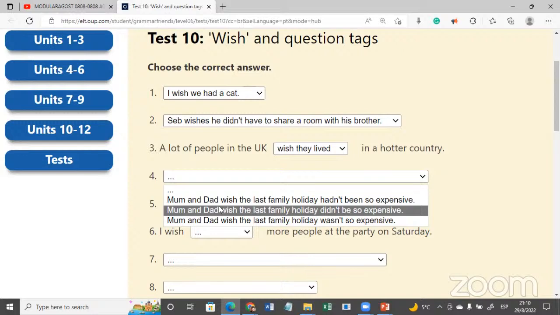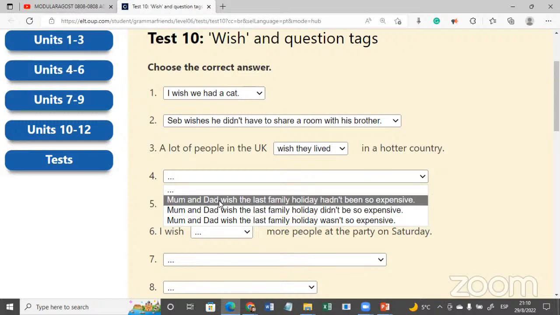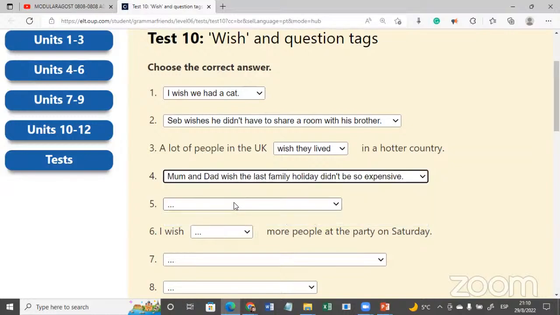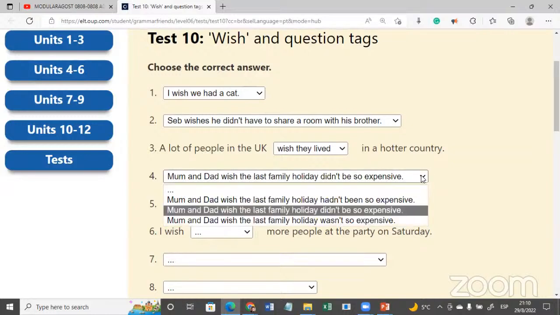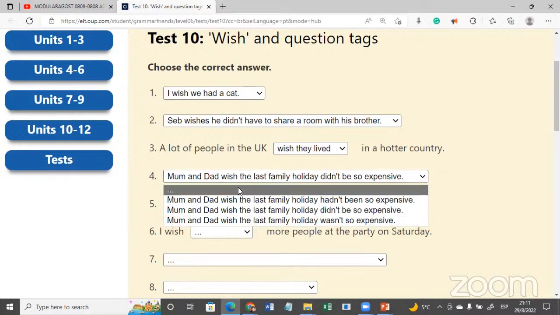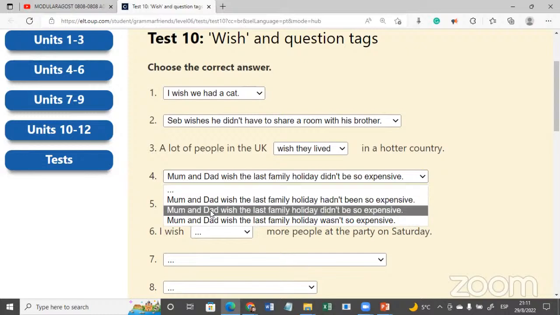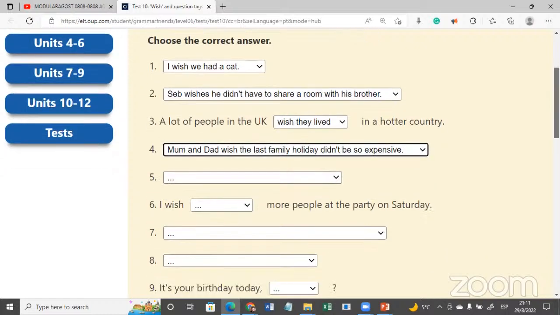Which do you think is it, first, second, or third? Second. Second, okay. And how about the next one?